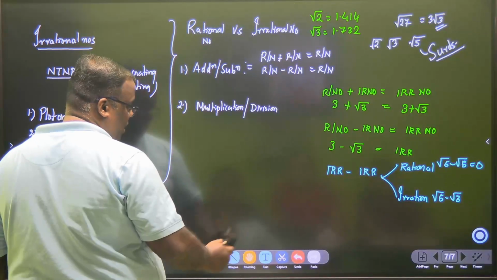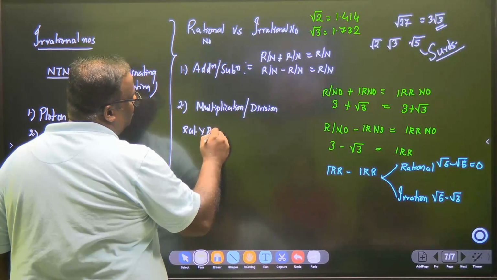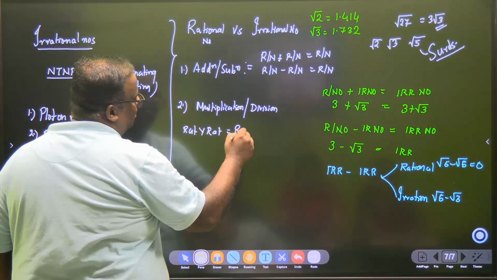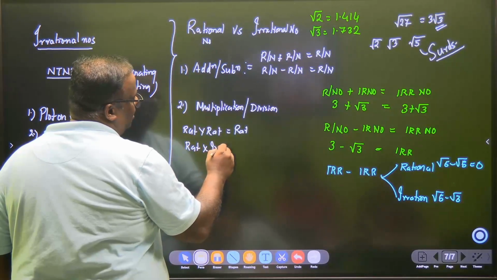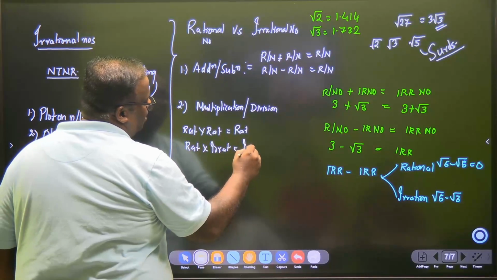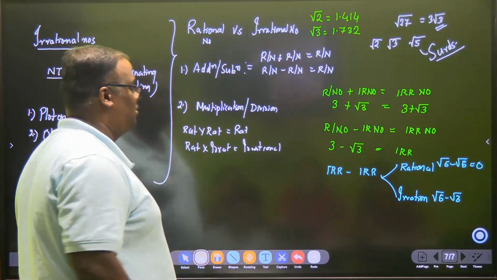Okay, let's see multiplication and division. Let's take rational into rational will always be rational. Rational into irrational will be irrational. Understood?